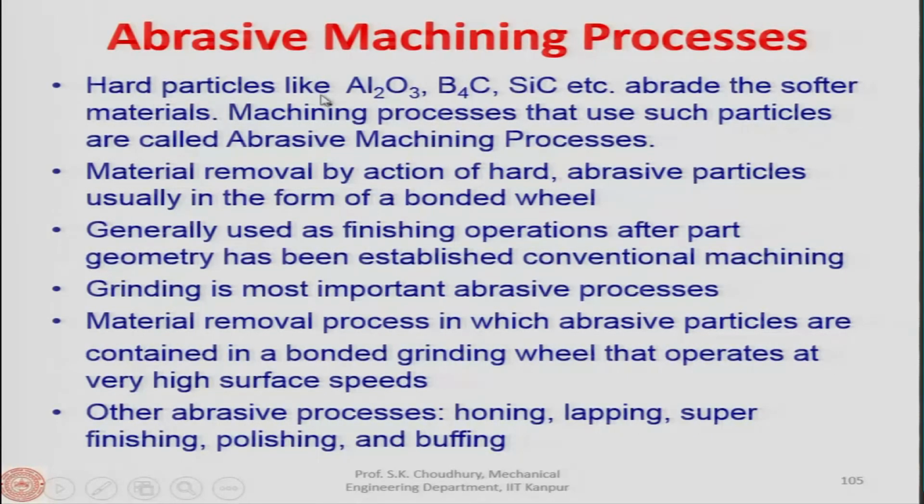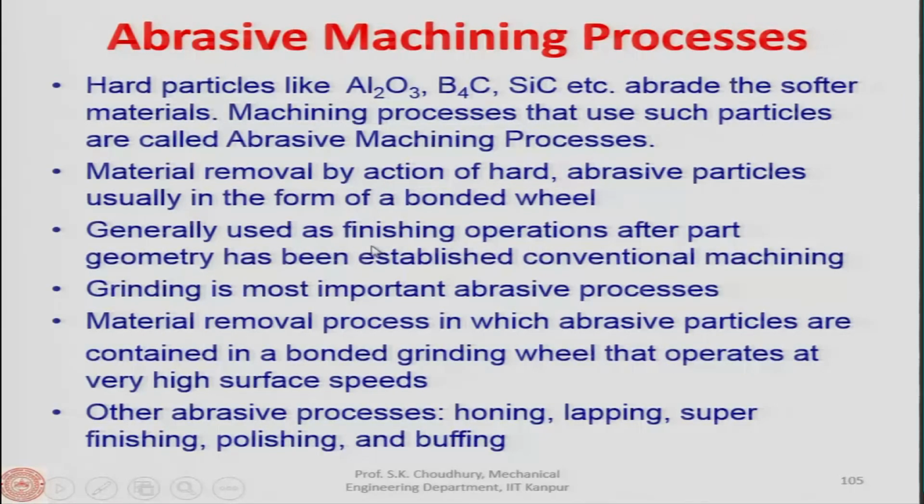Machining processes that use such particles are called abrasive machining processes. The material removal is by the action of hard abrasive particles, usually in the form of a bonded wheel. As I said, those grains have to be given the shape of a tool. Very popular is the bonded wheel, which is called the grinding wheel.